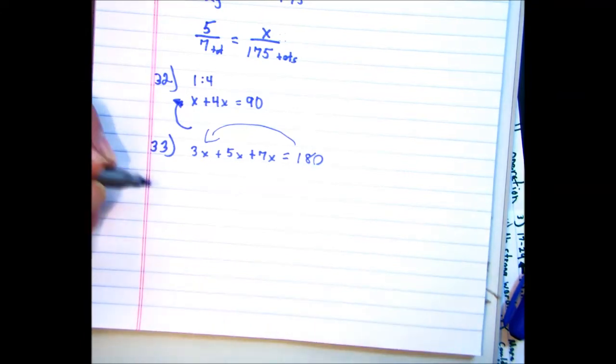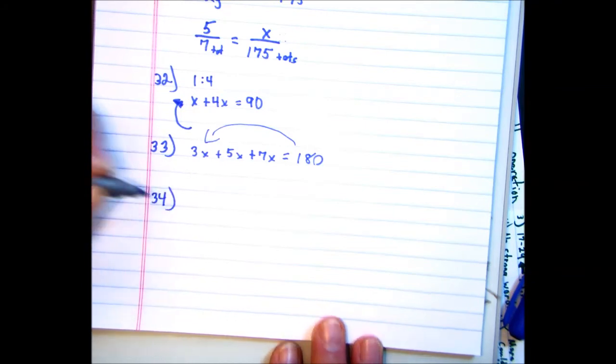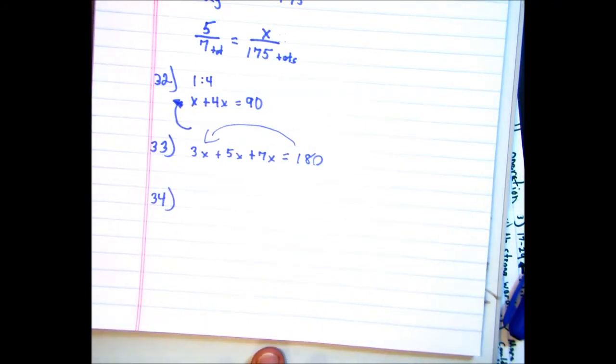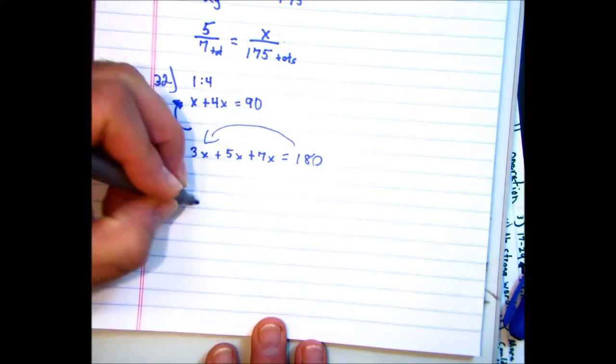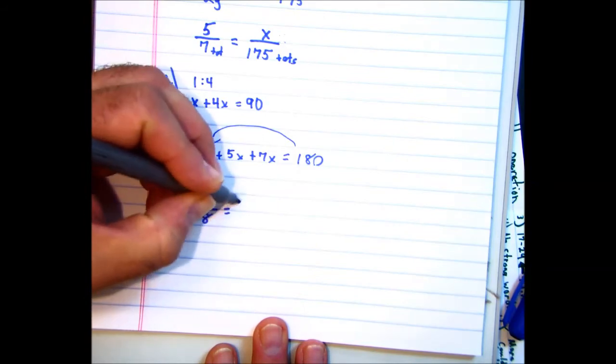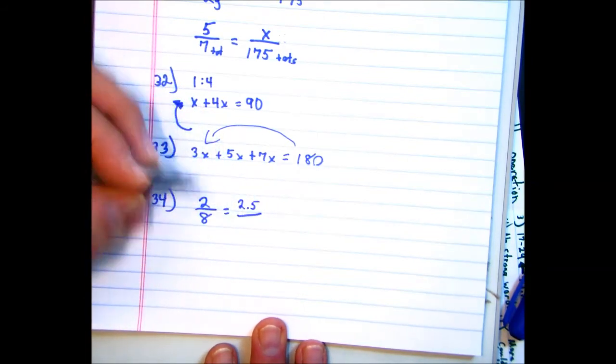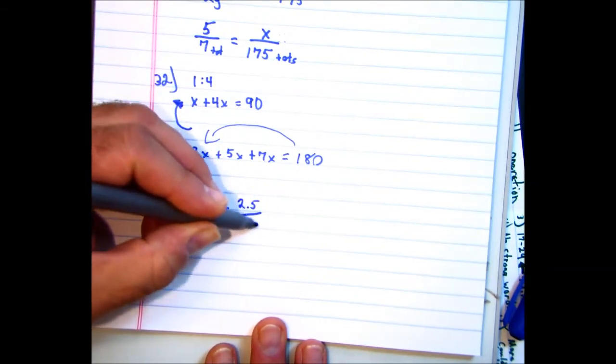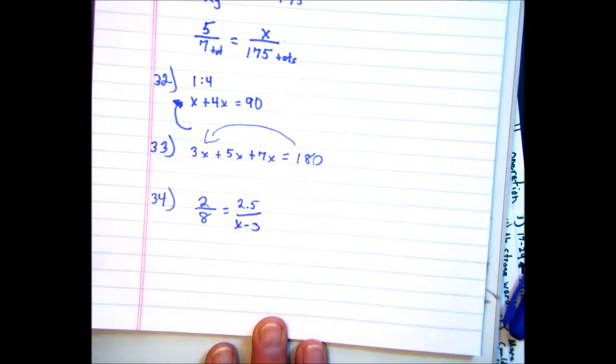All right, 34 has to do with proportion work, finding matching sides. Hopefully you know that 2 matches with 8. So 2.5 matches with x minus 3. You're picking numbers that are from matching parts of the polygon.